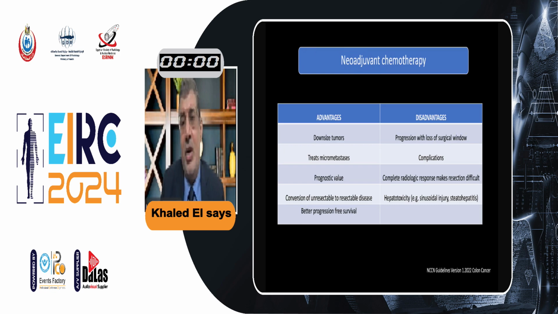Some people may argue this is the biology and nature of the tumor, and it was better that you didn't resect it because it would have recurred anyway. But one disadvantage, as I mentioned, is progression with loss of the surgical window. And second, even when you have complete radiologic response, you may not be able to see the metastases and where they were.